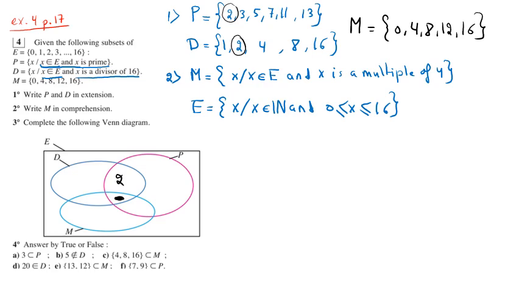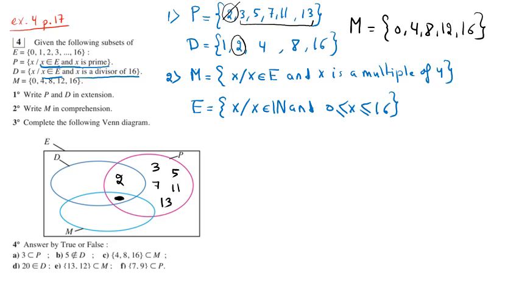Let's see what are the common numbers between P and M. 2 is cancelled. We have here also no common numbers between P and M. Then all of these elements will be in P only: 3, 5, 7, 11, and 13.